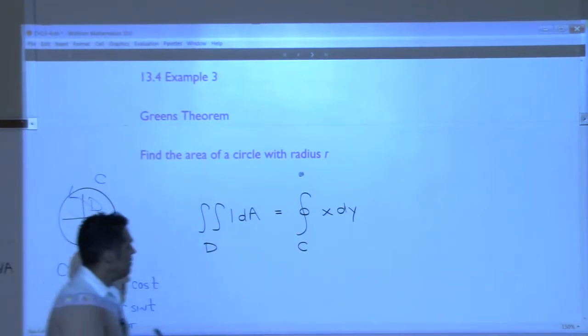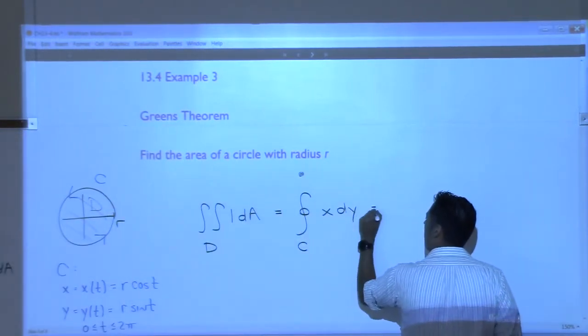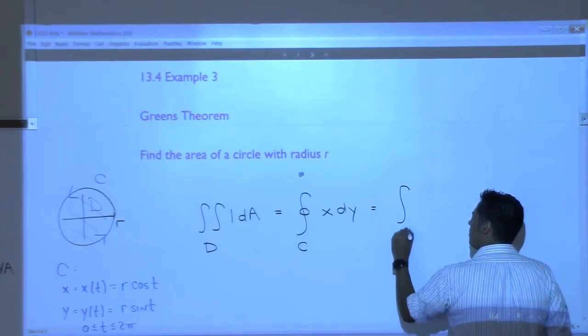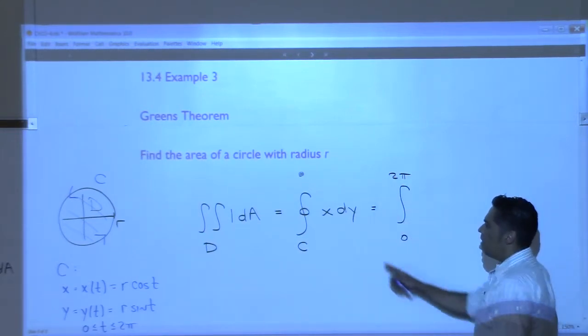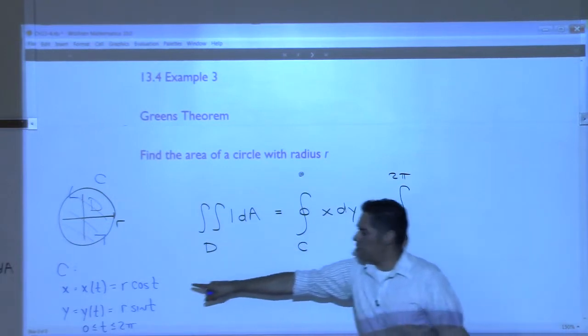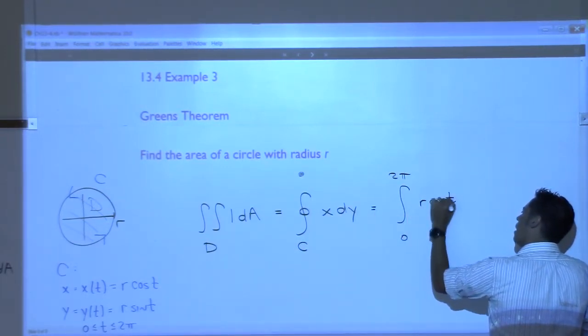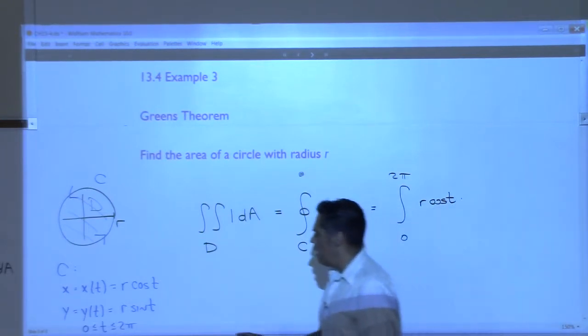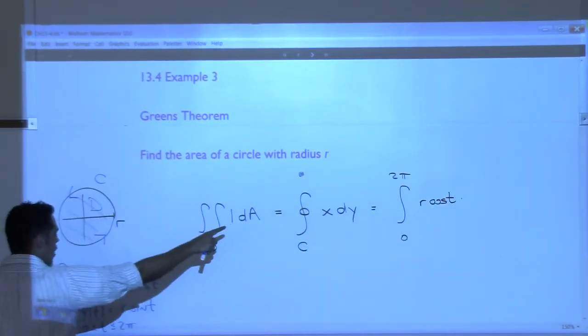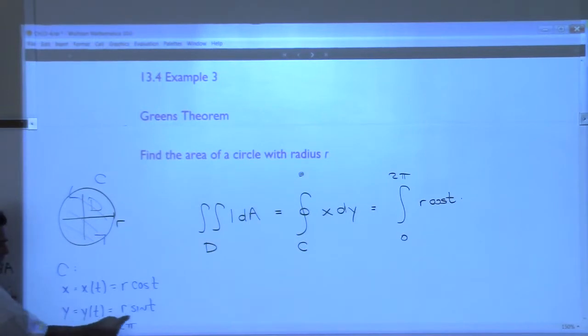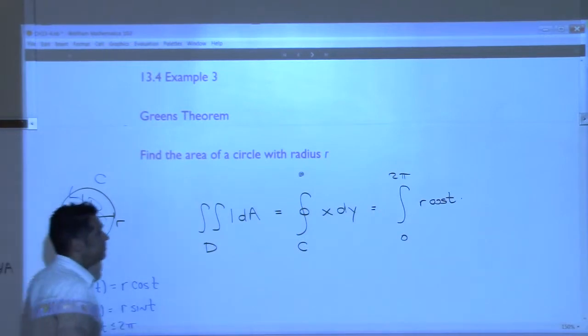So we should now be able to go here, make this go from 0 to 2 pi, replace x with our x function of t, which is r cosine t, and then dy is next, right? So the derivative of y with respect to t, which would be r cosine t dt.